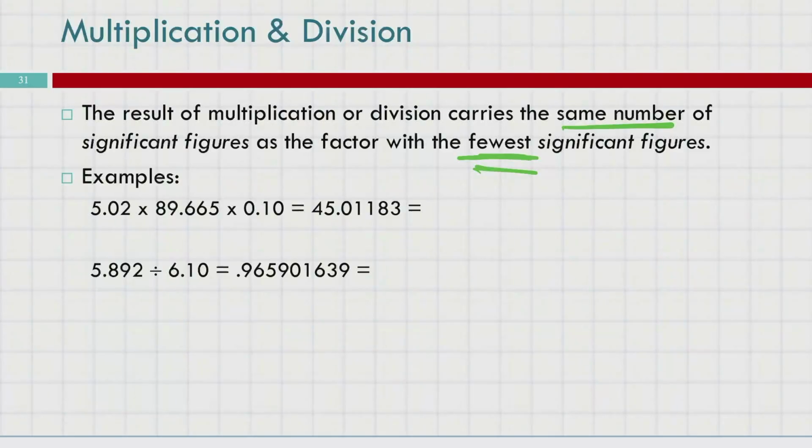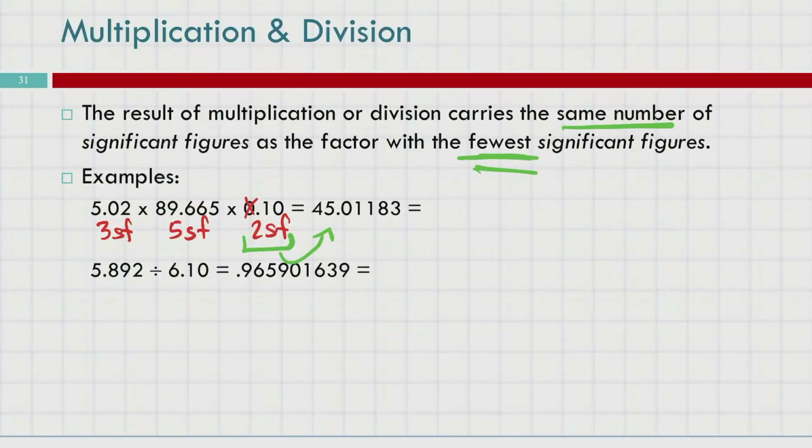We've got 3 significant figures. 89.665 are all non-zero, so we have 5 significant figures. 0.10. We have a leading 0. That doesn't count for significant figures. So we've got 3, 5, and 2 significant figures. The smallest of these being the 2. And so our product also has to have 2 significant figures.